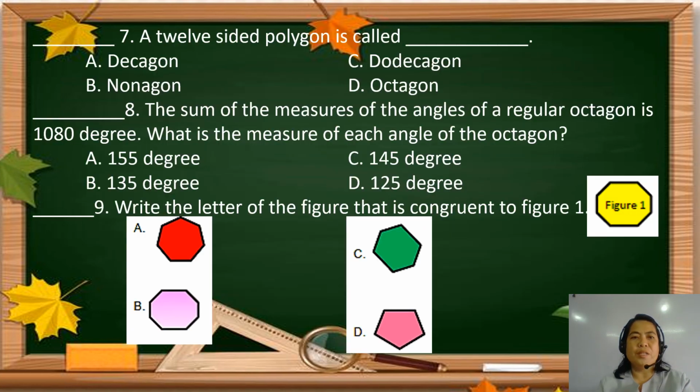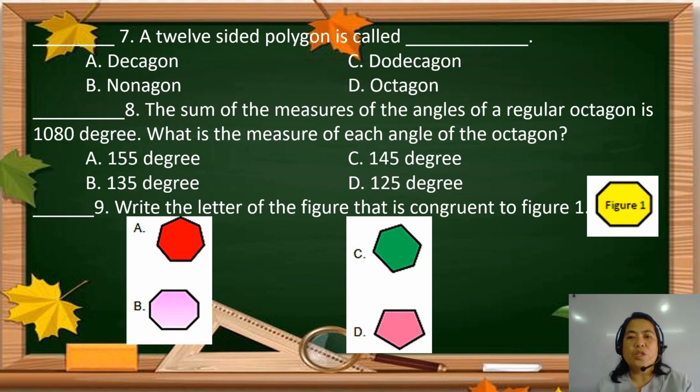Number 7. A 12-sided polygon is called blank. A. Decagon, B. Nonagon, C. Dodecagon, D. Octagon. So choose a letter, then write it on the blank. For number 8, the sum of the measures of the angles of a regular octagon is 1080 degrees.